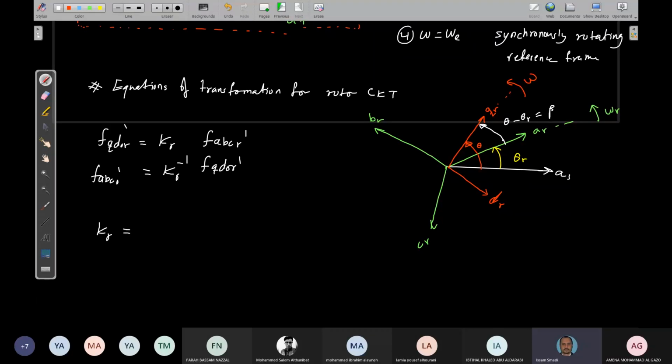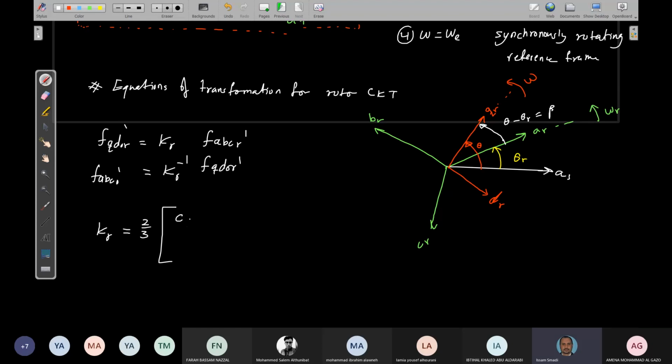KR equals what? If you notice, it is the same as KS, but instead of theta, I will use beta. Do you remember? This is the angle between the reference frames. So instead of theta, I would use beta.